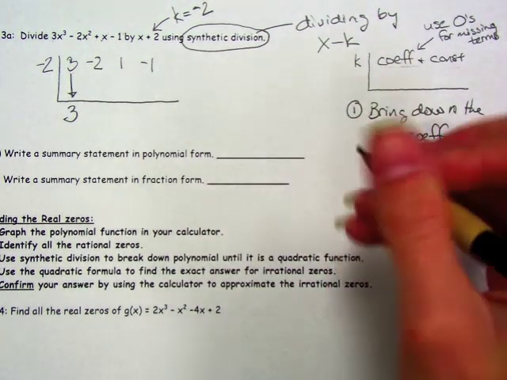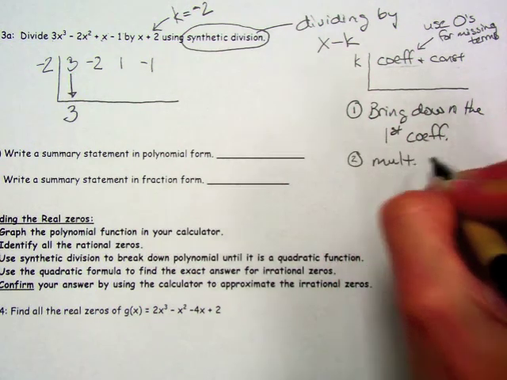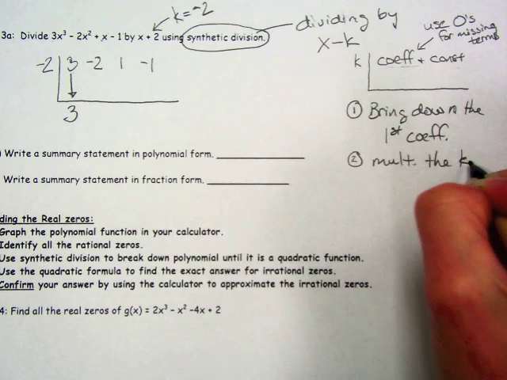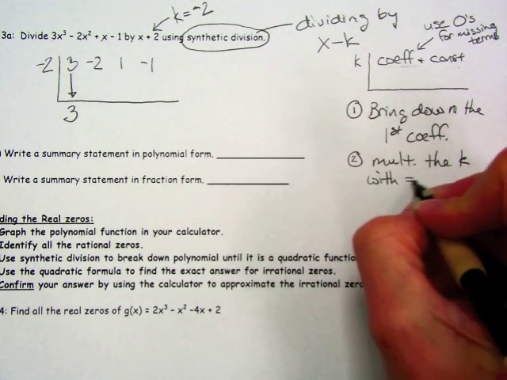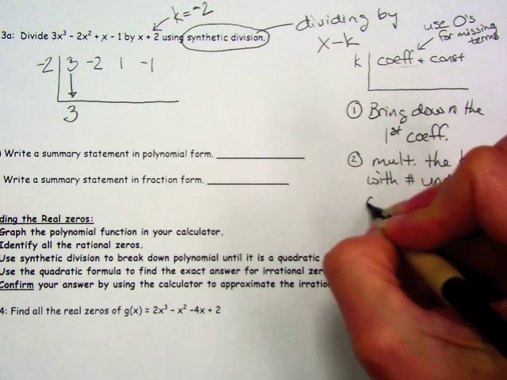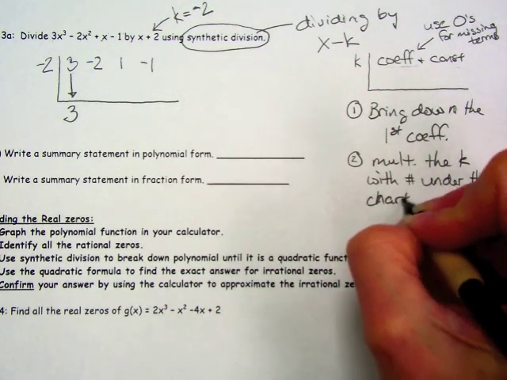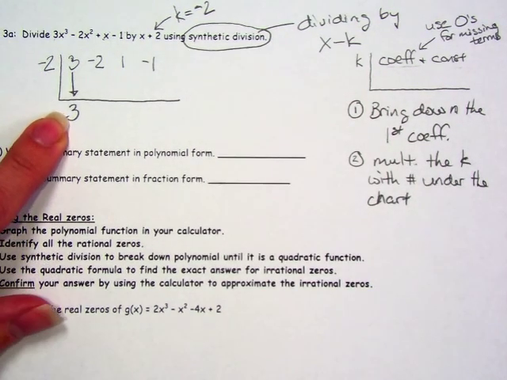Then we multiply the k value with the number under the chart. Negative 2 times 3 gives me negative 6.